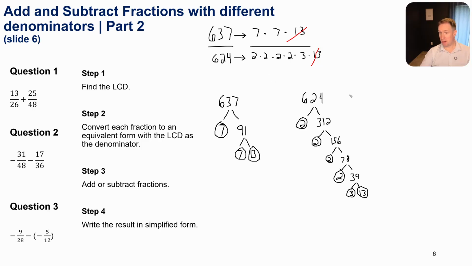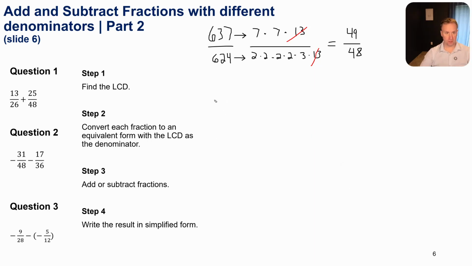So then my actual numbers would be 7 times 7, which is 49, and then 2 times 2 times 2 times 2 times 3, or 2 times 2 is 4, 4 times 2 is 8, 8 times 2 is 16, 16 times 3 is 48. So I get 49 over 48 here.